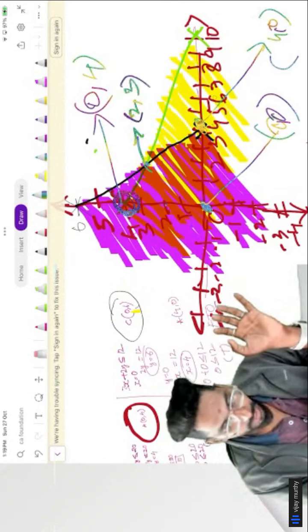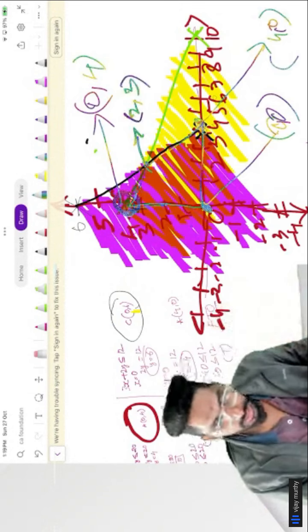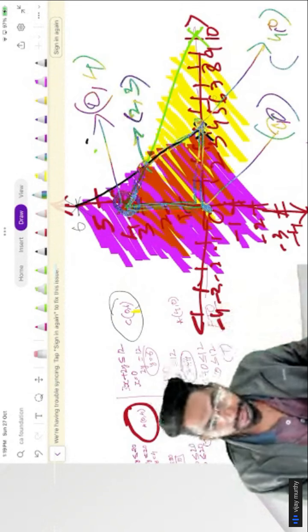You are getting one quadrilateral. Can you see a quadrilateral? It means 4 points should be obtained.